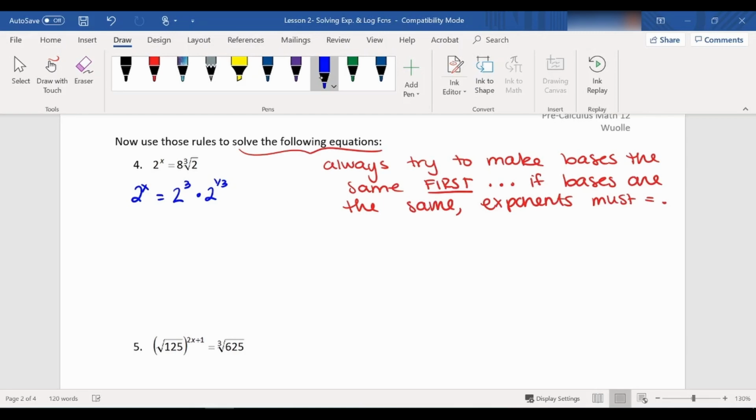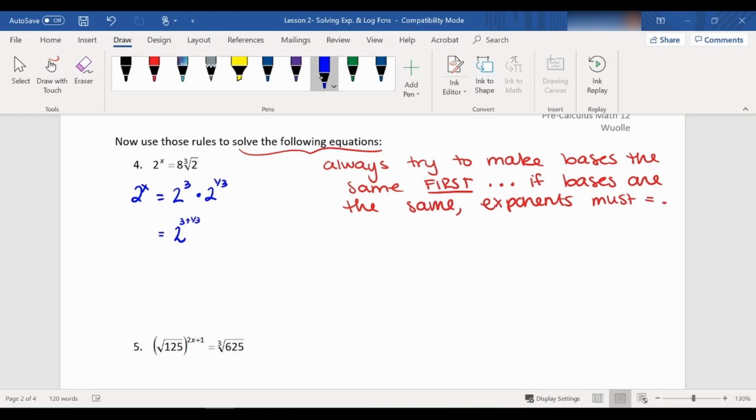Okay? I haven't changed any values. I've just rewritten the 8 and the cubed root 2. Now I can use my radical rules that I just wrote down. I've got 2 powers with the same base. That means I can rewrite this as a single power with that base. And I know that that means my exponents are adding together.